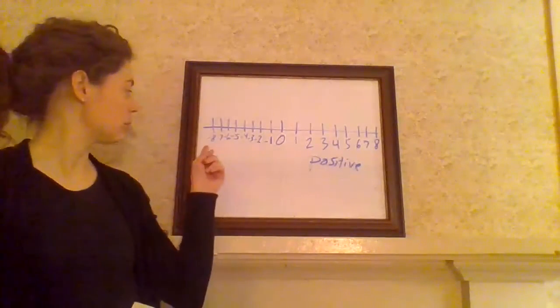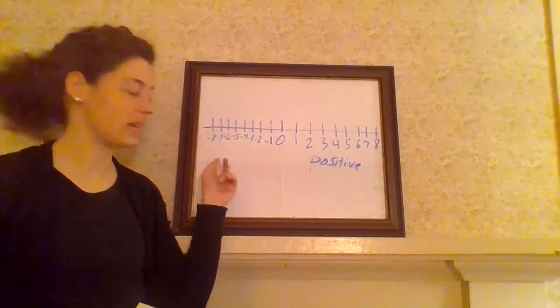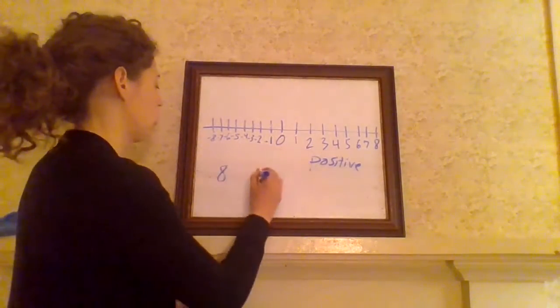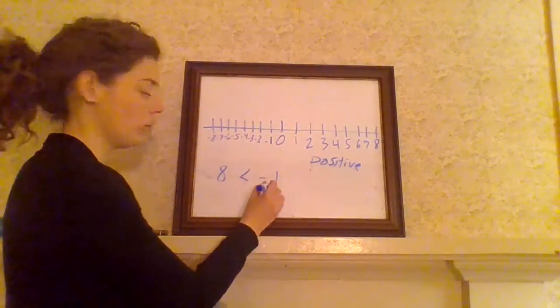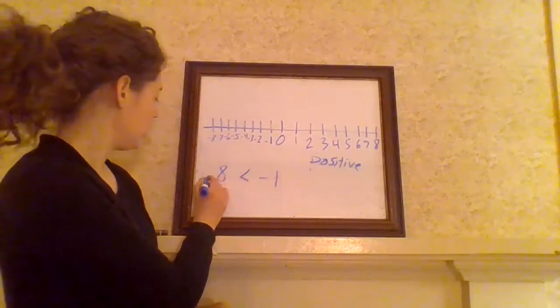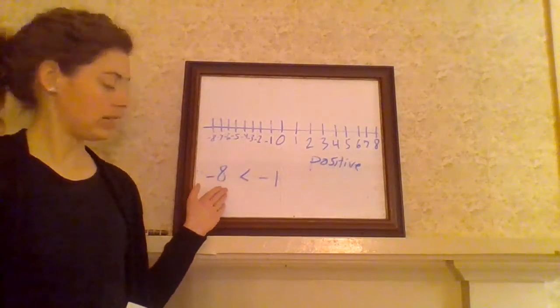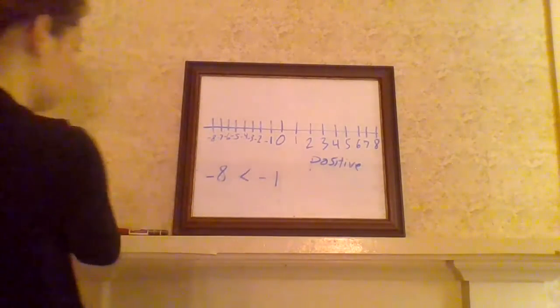So the number is bigger because it means you owe a larger amount, which means you have less money. So if you see -8 or -1, -1 is actually a bigger number than -8, because -8 means you owe more money, which means you have less money.